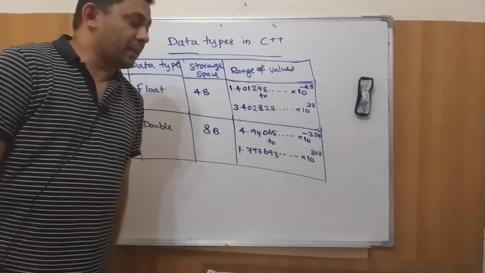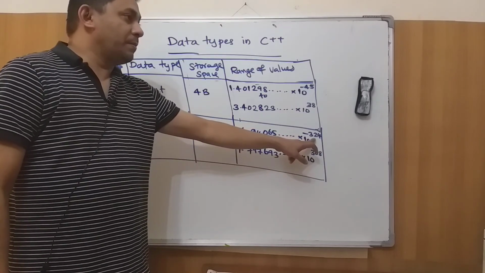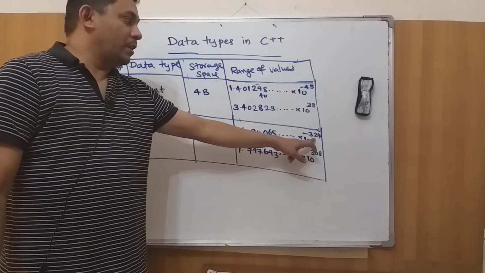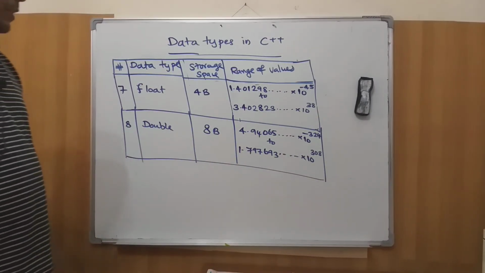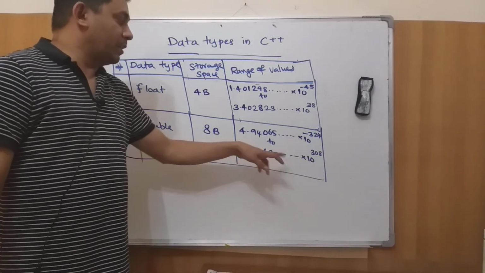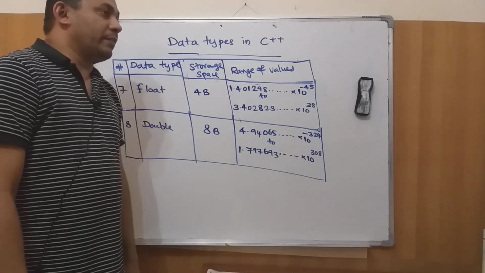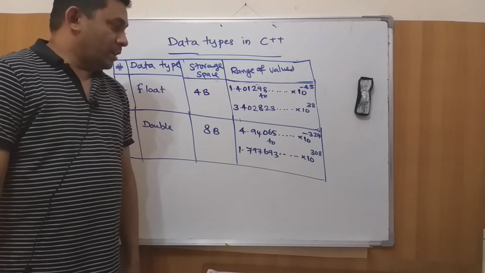This means the decimal point is followed by 324 zeros before the number 4.94 starts, and on the other end we have 308 digits before the decimal point.